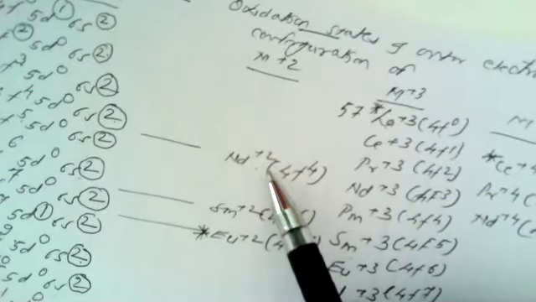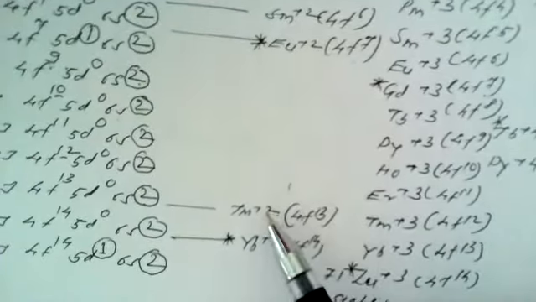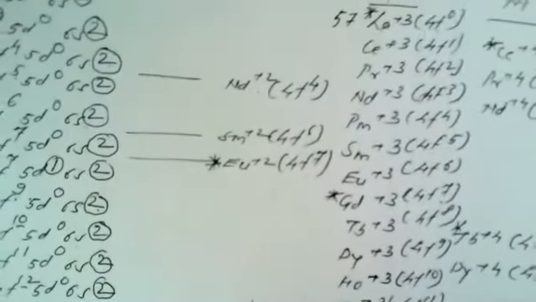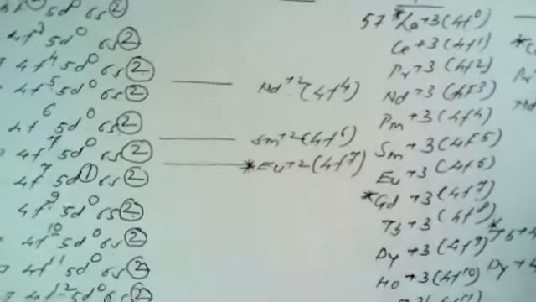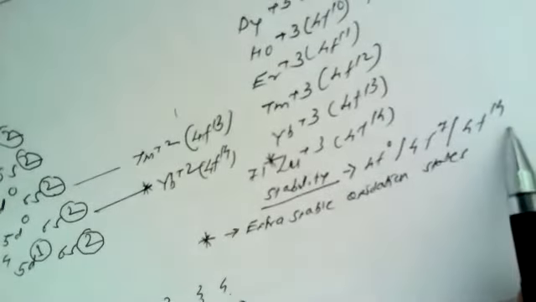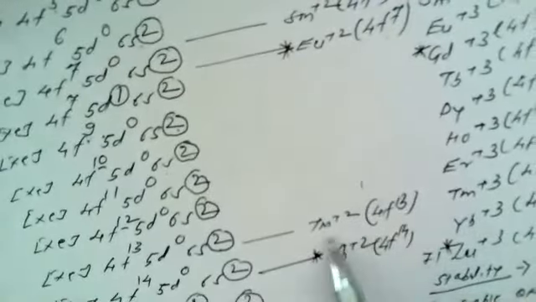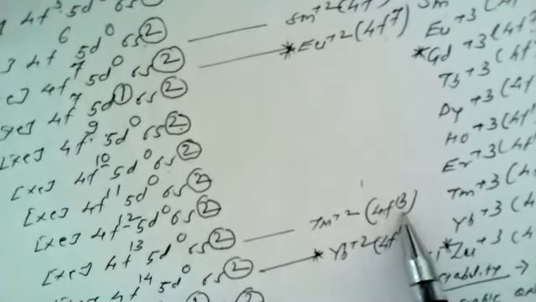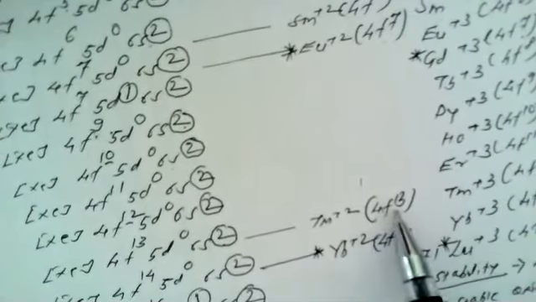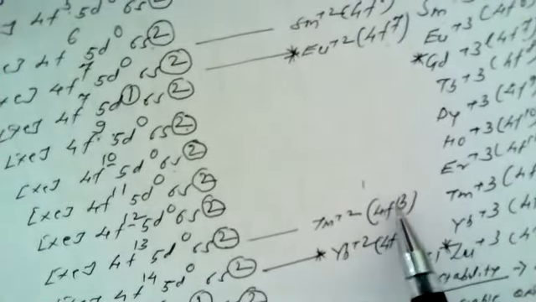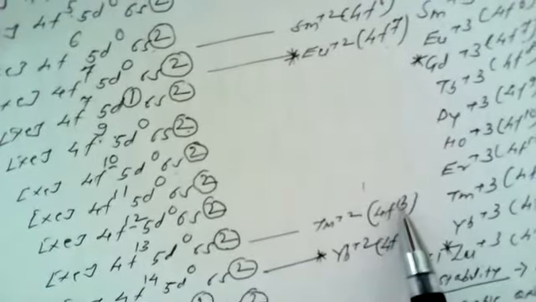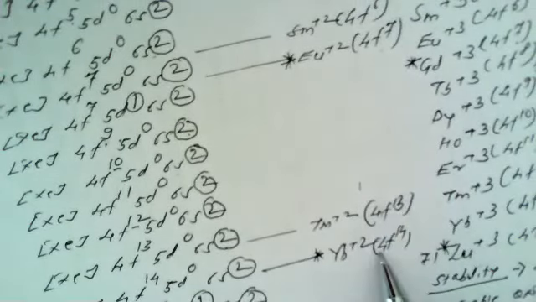The existence and the stability of these oxidation states, including thulium +2, these are only stable, but their stability cannot be explained on the basis that they acquire either F0, F7 or F14 configurations. Look at thulium +2. Thulium +2 has the configuration 4f13. It is short of only one electron to complete its completely filled electronic subshell, even though it is stable. So this stability cannot be explained on this basis.